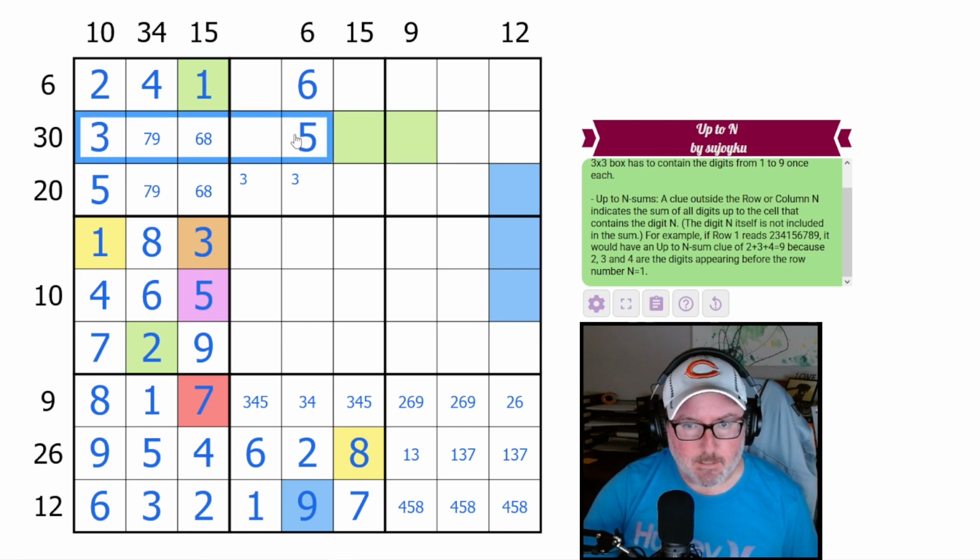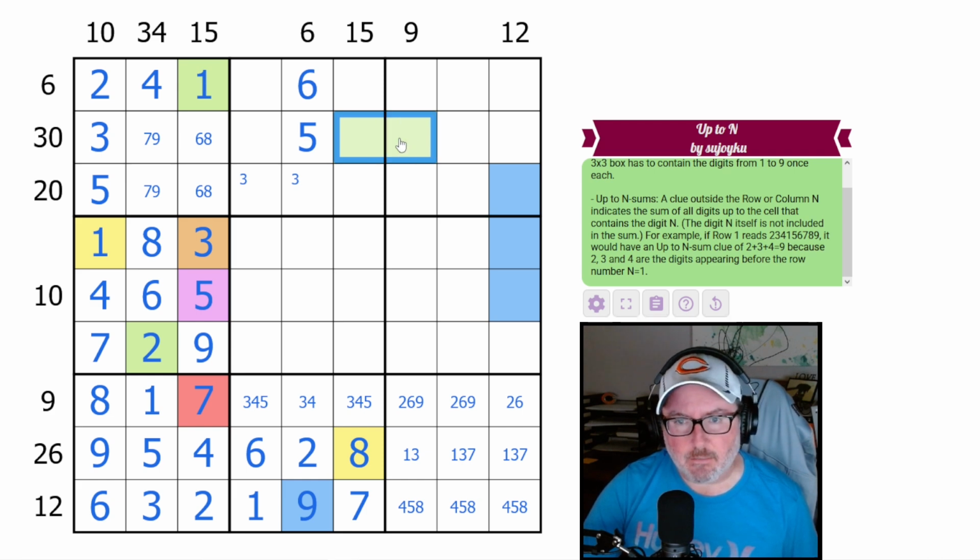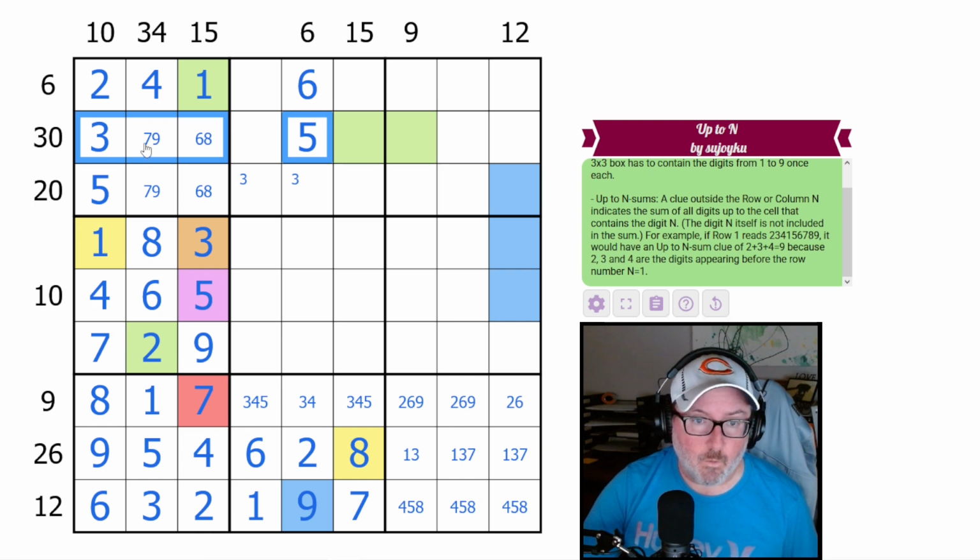What about looking back at this 30 clue? We know one of these is going to be the 2. That still is the case, and we can't necessarily rule out one or the other, I don't think, unless this 5 somehow put a wrench in this. These are 8. Plus 13 is a bare minimum, so we're at 21.